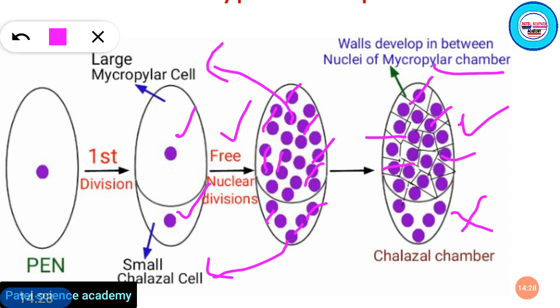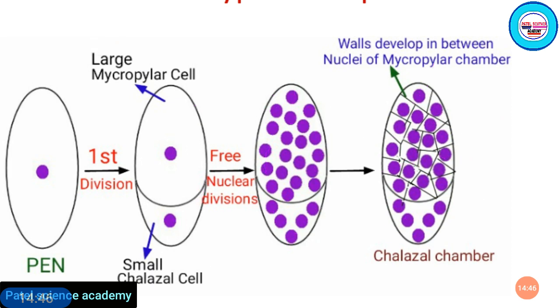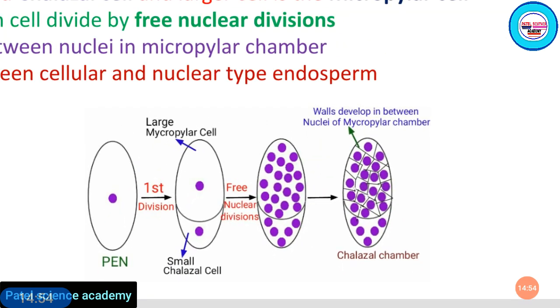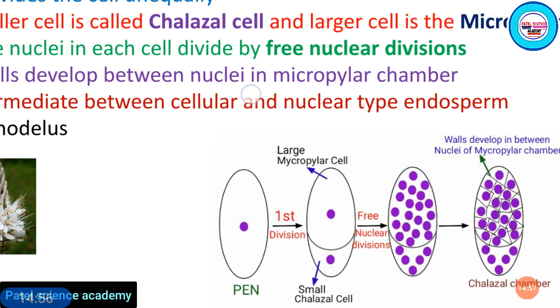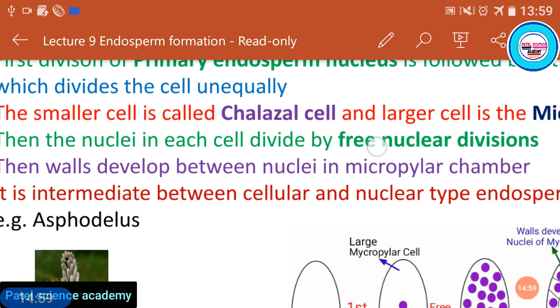So the nuclei in the chalaza remain without cell wall, and the micropylar chamber has the nuclei surrounded by the cell wall. Likewise this is the development of the helobial endosperm, which is the intermediate endosperm between the nuclear type and the cellular type.